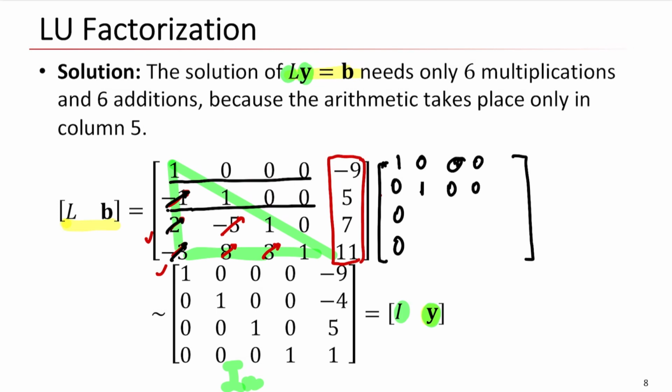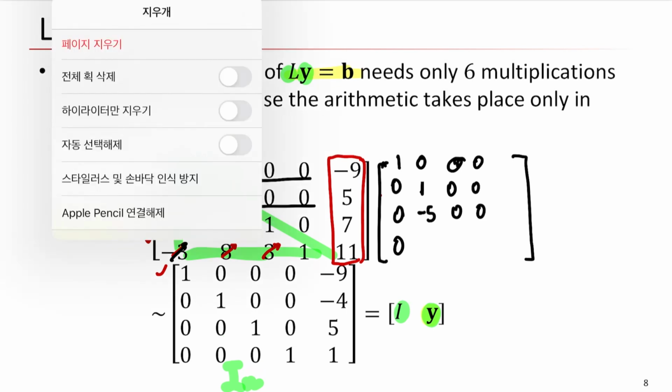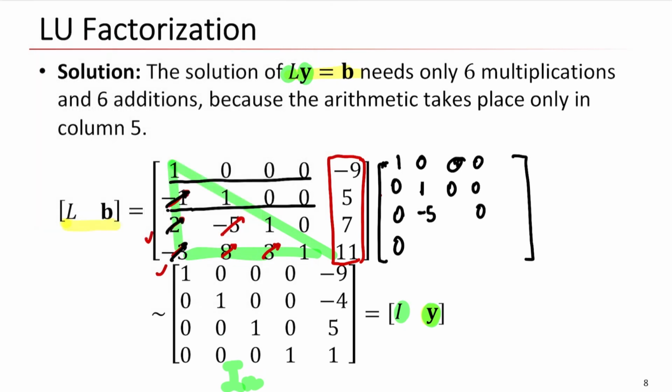In this case, negative 2, right? So just remove this one, but this is still negative 5, right? So like that. 1 is here, still here. Then plus 3, so it will be like 3, 1, right?